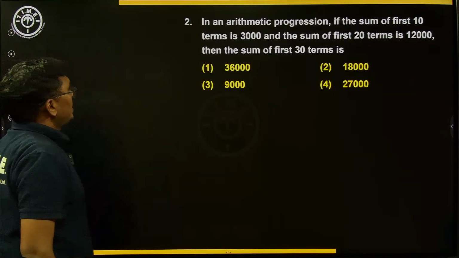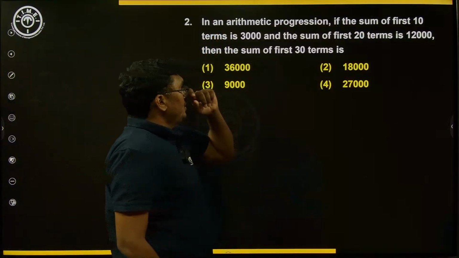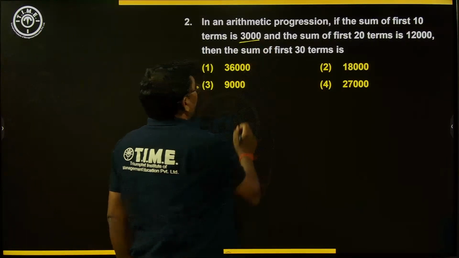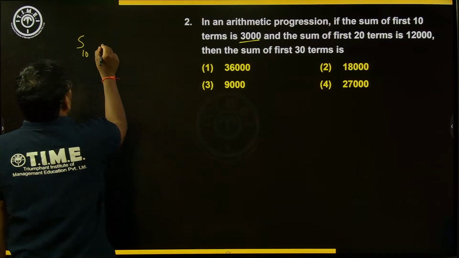So what is given: in an arithmetic progression, the sum of the first 10 terms, S10, is 3000.